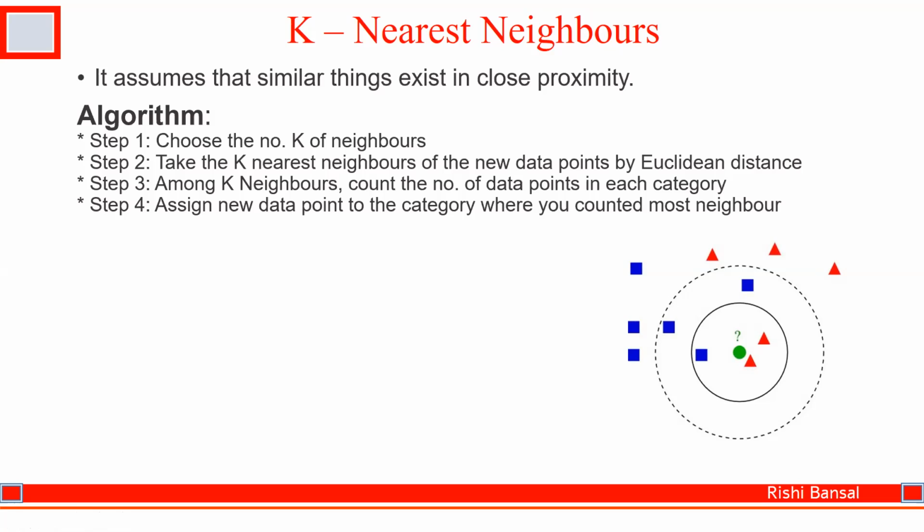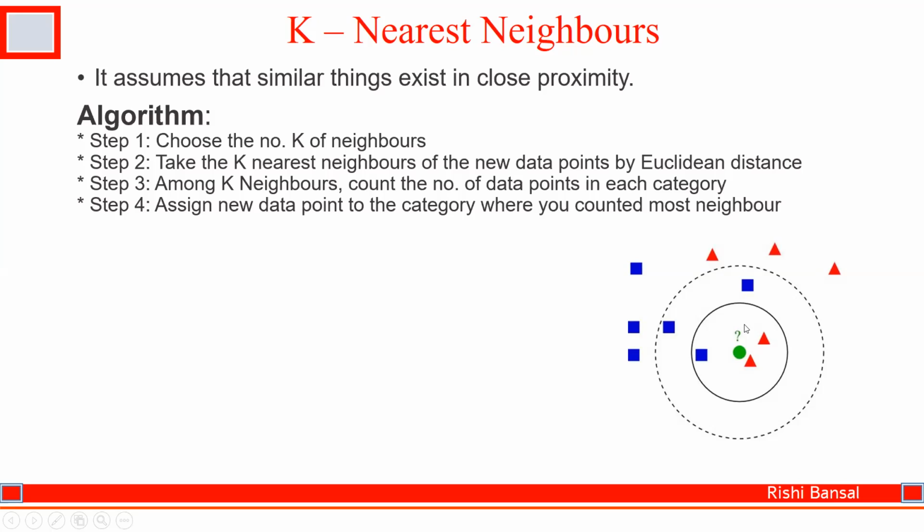So the majority here is red triangle, so you will classify this new green reading as a red triangle. Any question on this? So that's the way. This is a very simple algorithm. The only thing you need to do is define the value of k at the start. That's it.